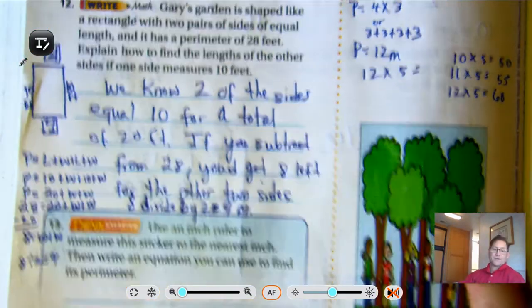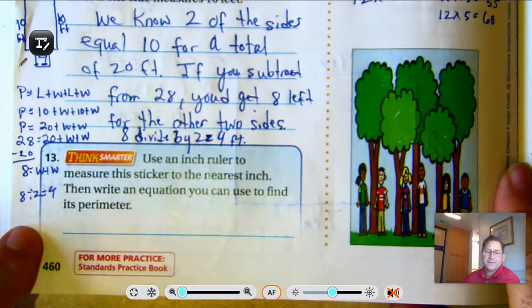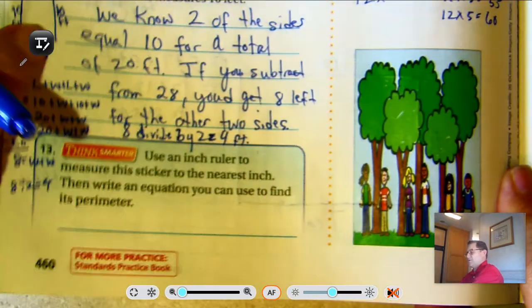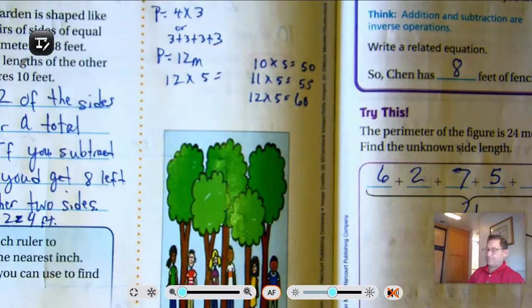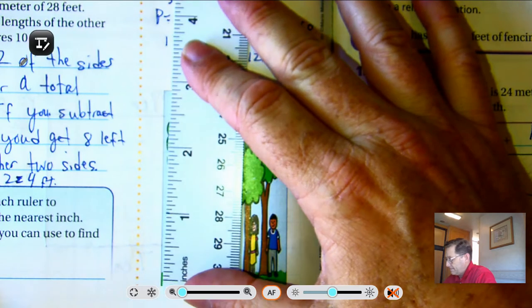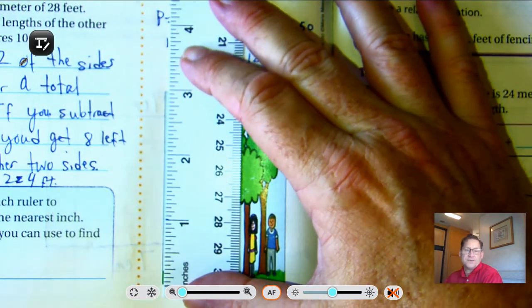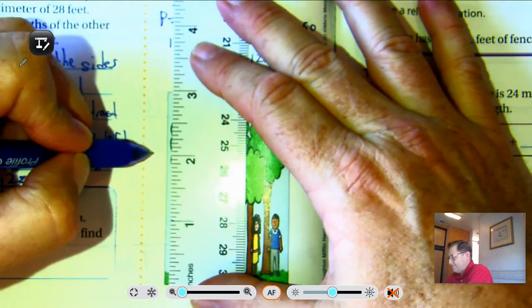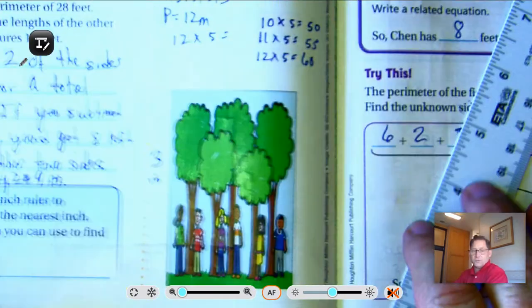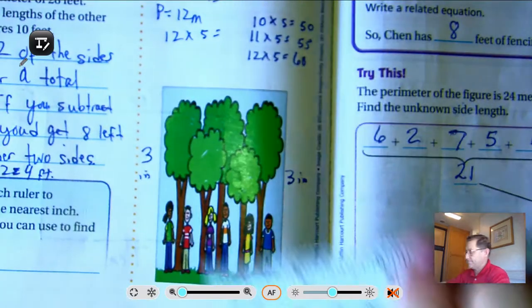And 13. Use an inch ruler to measure this sticker to the nearest inch. Then write an equation you can use to find its perimeter. All right. And inch. So the length to the nearest inch is 3. So if this side is 3, its opposite side is 3.